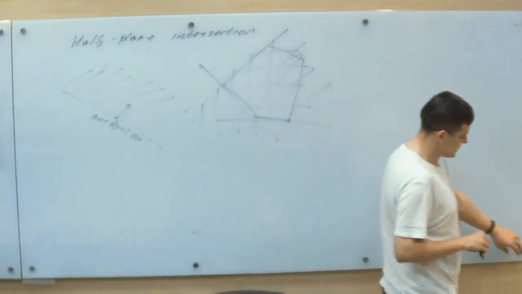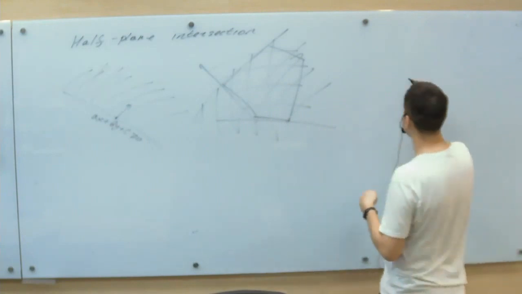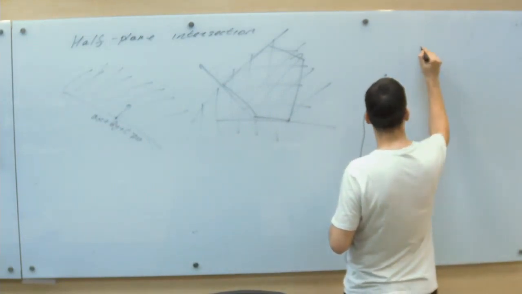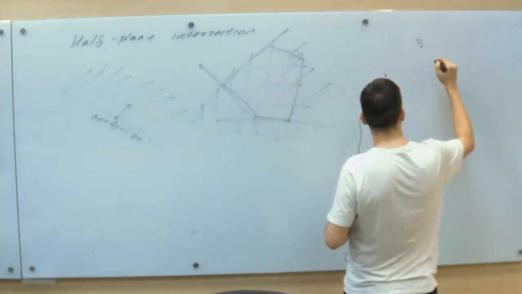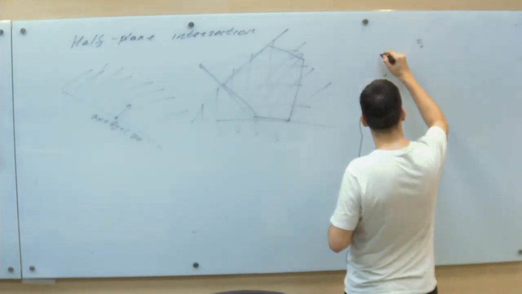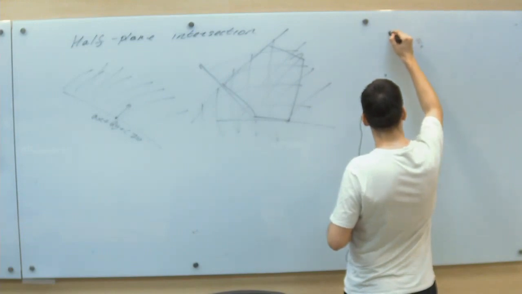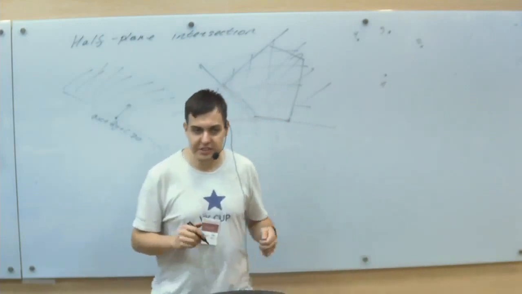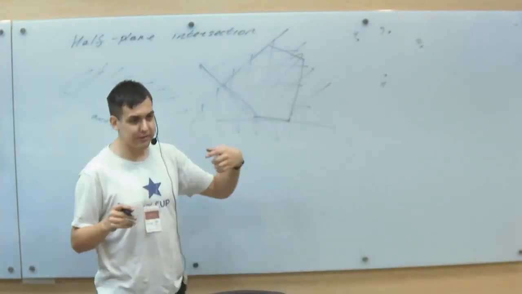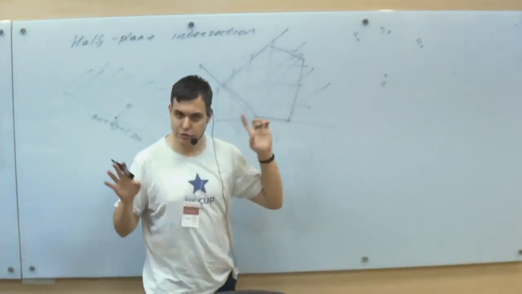So for example, let's take a look at this problem. We have a set of points. This is 1, this is 2, this is 3, and this is 4. And we would like to find a spot, considering these as trees, for example.